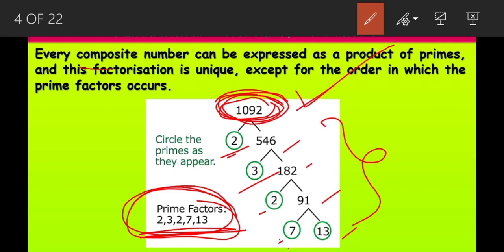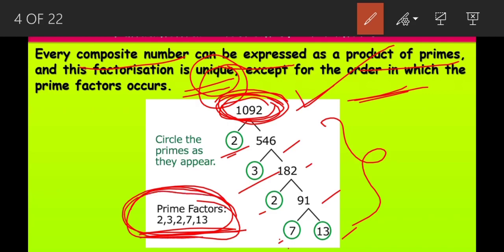So a composite number can also be expressed as a product of primes, but this product is unique. Only one such expression will exist, except for the order in which the prime factors occur, which may change.